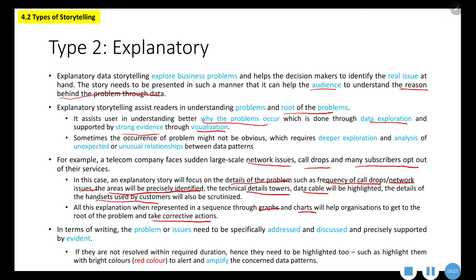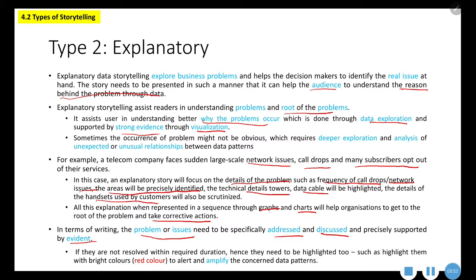So this kind of explanatory is an often used type of data storytelling in order to resolve problems faced by the organization before corrective actions can be taken. So in terms of writing, the problem or issues need to be specifically addressed and discussed and precisely supported by evidence.